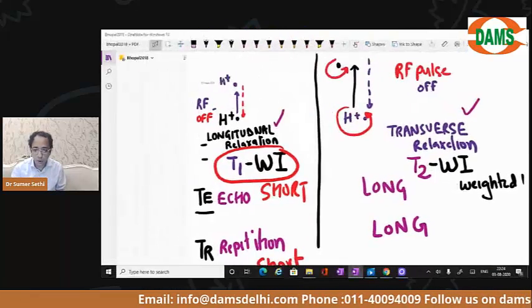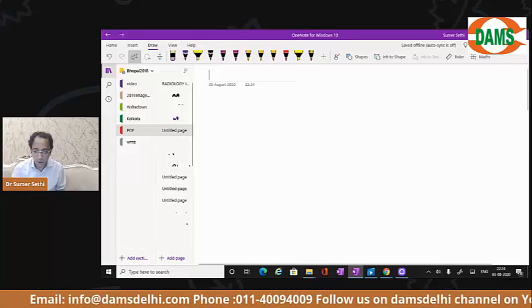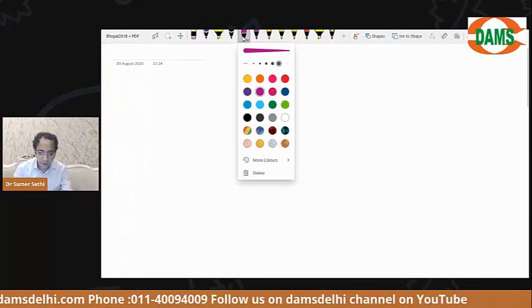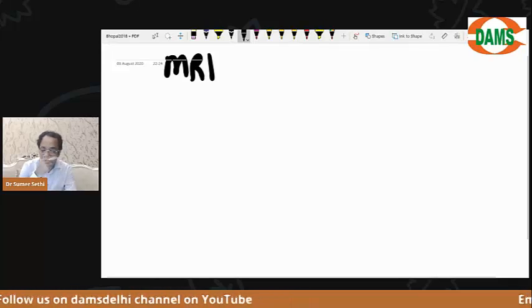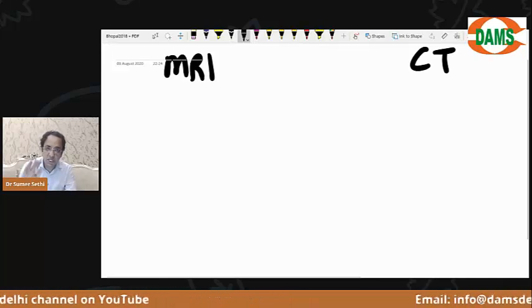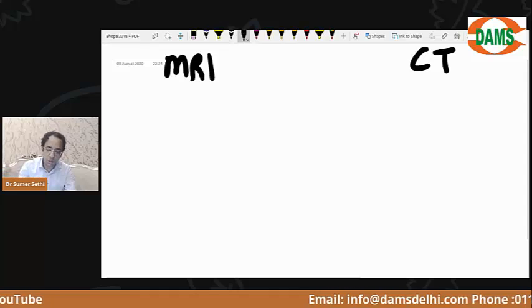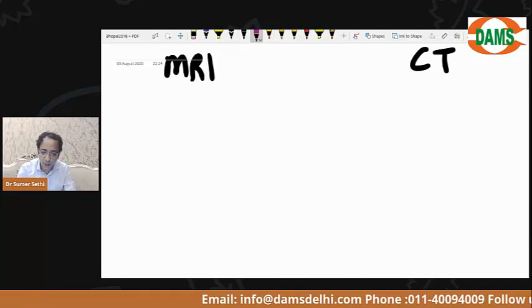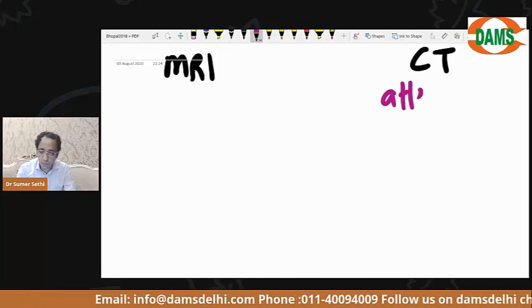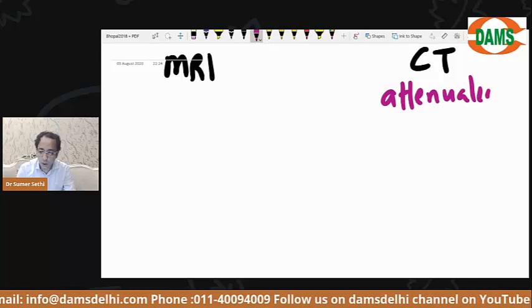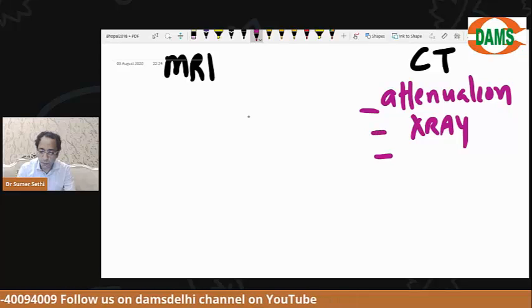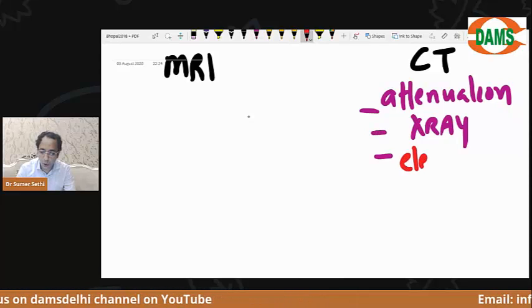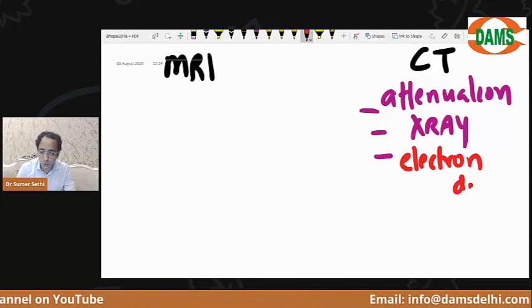Now I'm going to summarize it, don't worry. MRI is different from CT. I'll show you the physics difference that nobody will tell you, but I want you to understand. CT scan was dependent on attenuation of the X-ray beam, which is dependent on the electron density of the tissue.